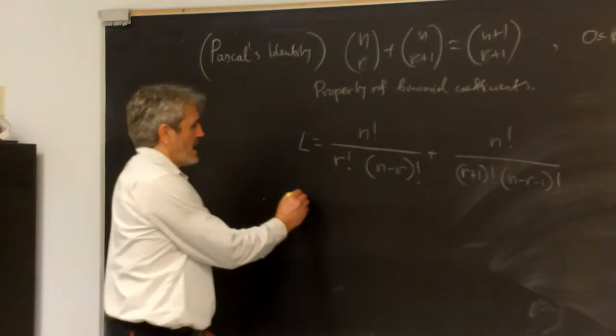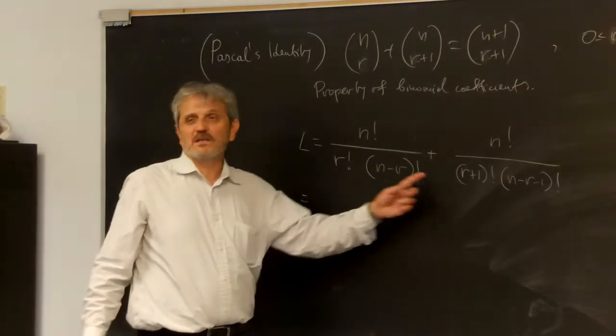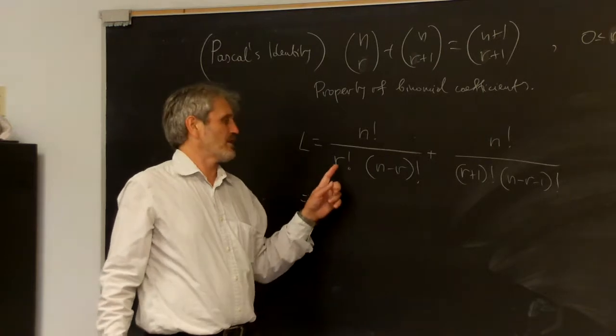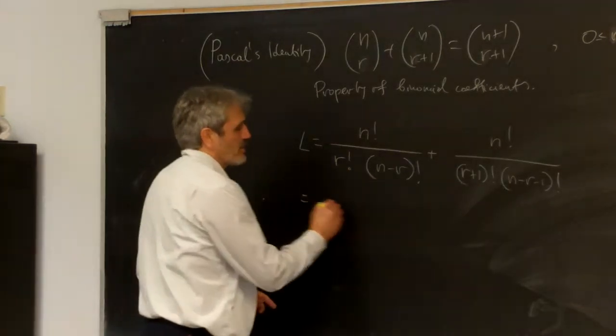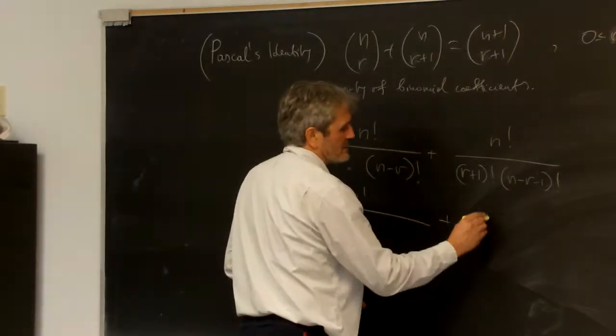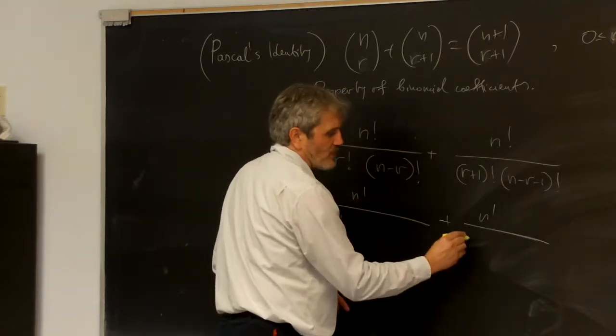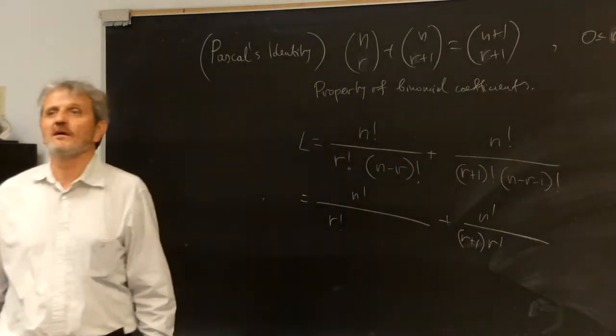So we are looking: n factorial is the same on both, do you agree? What about these factorials? One is longer than the other. Who's longer, r factorial or r plus 1 factorial? So we'll keep r factorial the way it is, but we'll split r plus 1 factorial as r plus 1 and then r factorial. Do you agree with me?